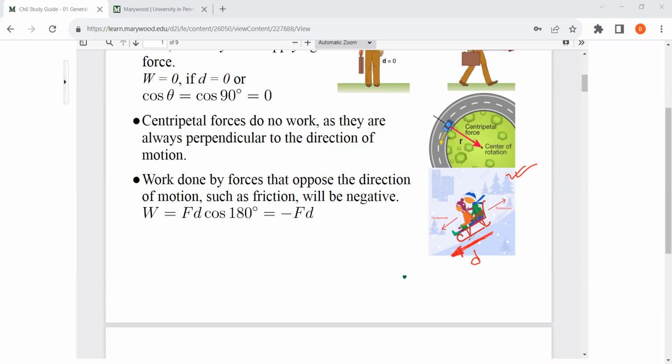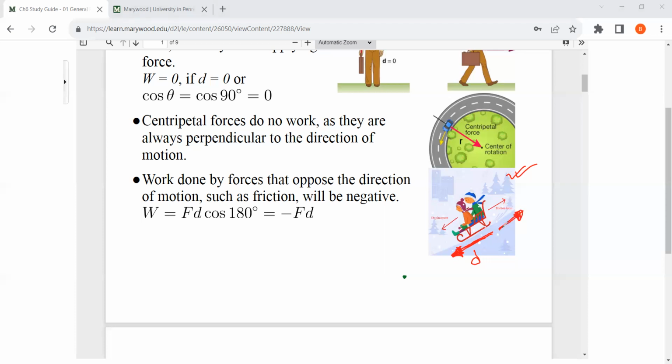As you remember from chapter 4, the friction force is always opposite to the direction of motion. So the direction of motion is this, the direction of the displacement, and the friction force is in this direction.